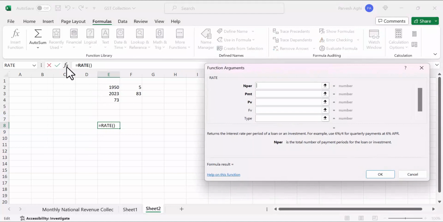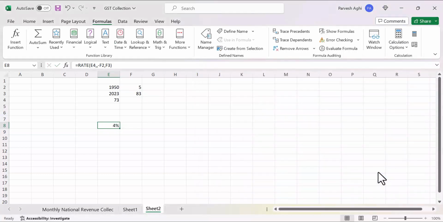I want to know what the rate of appreciation of the dollar versus the rupee is. Okay, the number of periods is how much? 73. It was 5 rupees. You invested 5 rupees. How many years back? 73. And today the value has become how much? 83. So how much of a return are you getting on the dollar?